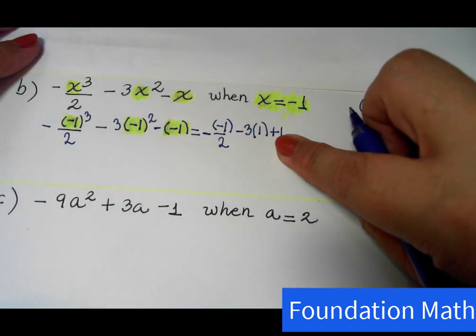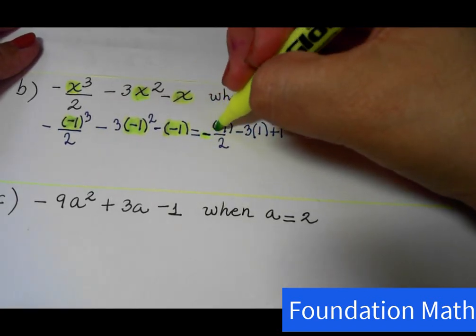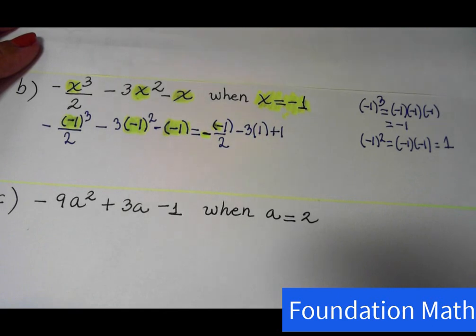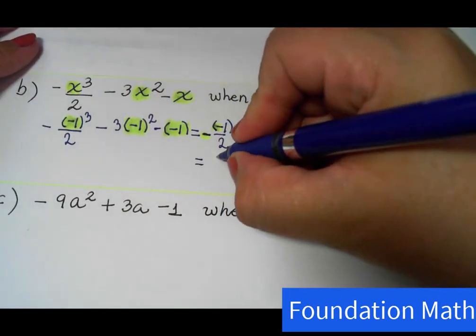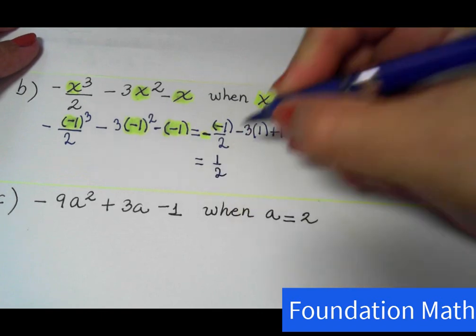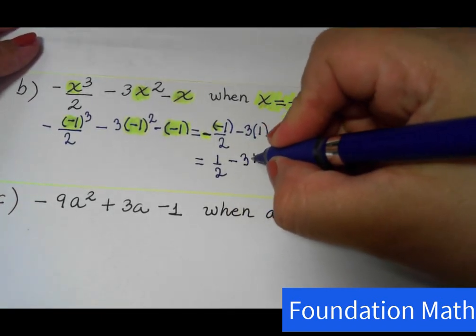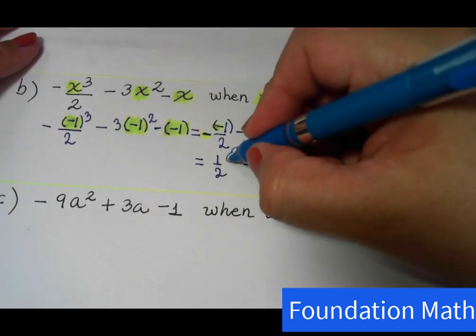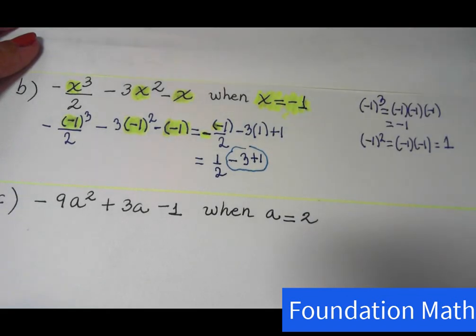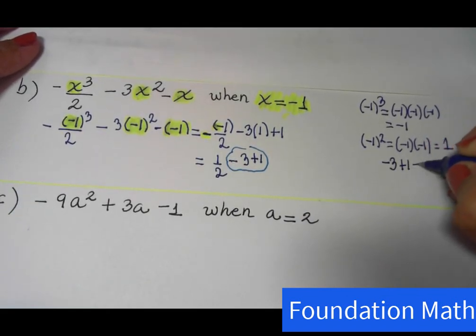Again, you have two negatives here and here. Negative and negative is positive. So this is equal to positive 1 over 2. And negative 3 times 1 is negative 3 plus 1. So negative 3 plus 1, remember, is negative 2. Negative 3, I'm going to write down here, plus 1 is equal to negative 2.